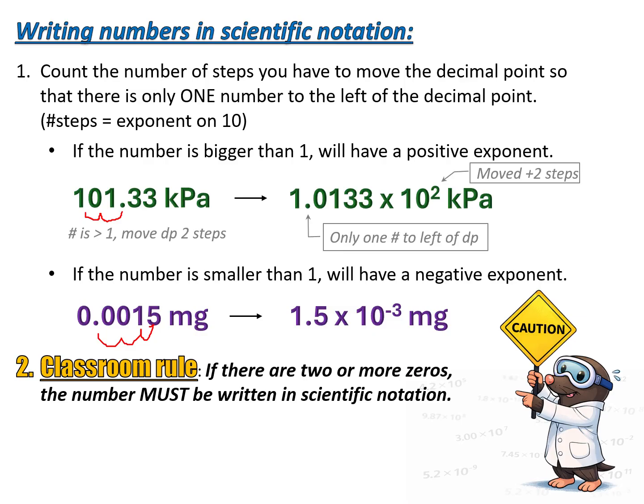So again, if you have two or more zeros in your number, and that goes for either end, either in front of the numbers or behind the numbers, then you should be writing your number in scientific notation. So hopefully we will build up our scientific notation writing skills during this semester. And if you have trouble with that, just ask me and I'll show you how to set your calculator so that it will always put your numbers in scientific notation.